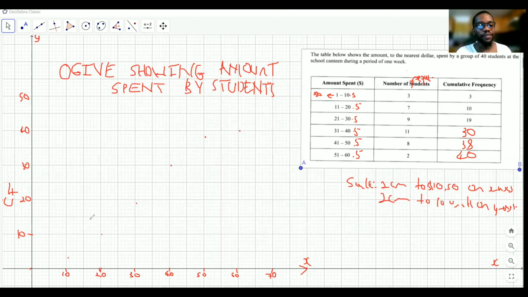So I know I'm going to have to pull it down to the boundary just before 10.5, and what will come before is 0.5. Well, let me focus on sketching the curve first. So you're trying to make the curve as smooth as possible. I don't like how this looks. This part is not smooth at all.